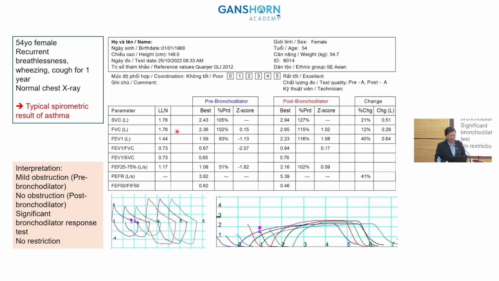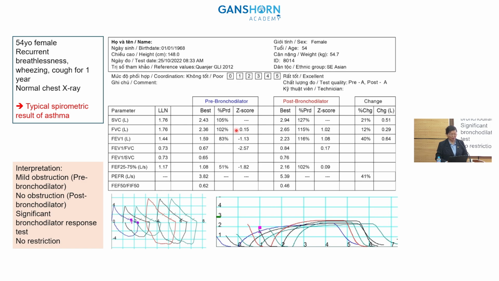For the GLI, they do not use the slow vital capacity, so you always have to use the forced vital capacity. In our UMC, we measure both and choose the bigger one. But with the GLI, they still do not have a Z-score for the slow vital capacity, so we always have to use FVC. We see here that for the forced vital capacity, the Z-score is just 0.15, so it is normal.